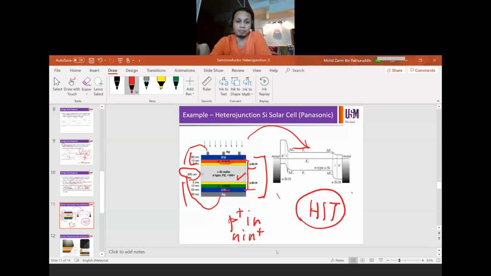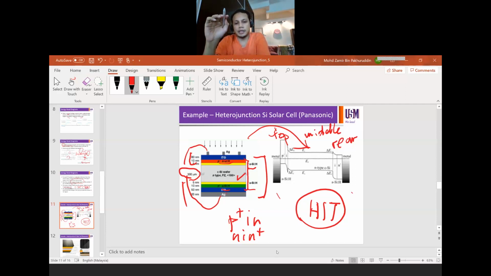Your top side is on this side, because the P plus is there, and the rear side is here. The middle region is here. So left to right is top to bottom.